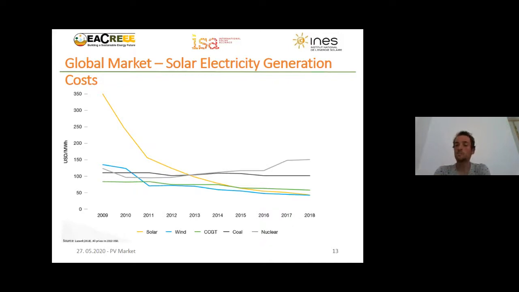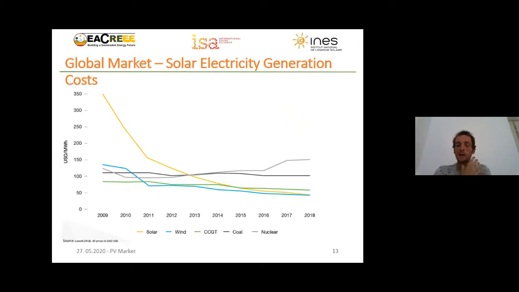So now, in most countries with good irradiation data, such as in Africa, Middle East, or Asian countries, as well as Southern Europe, we have solar systems that are economically competitive with other power generation systems, such as coal, nuclear, or wind energy.